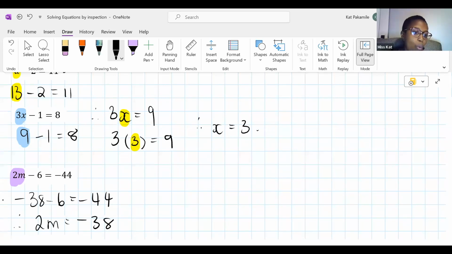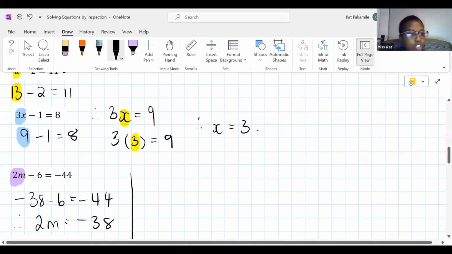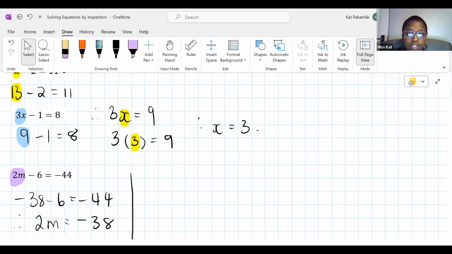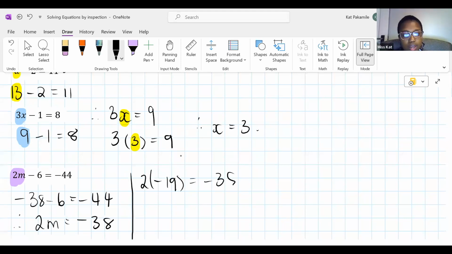Step 2, what number times 2 will give me negative 38? Which number times 2 will give me negative 38? The answer is negative 19. Okay, 2 times negative 19 indeed is negative 38.